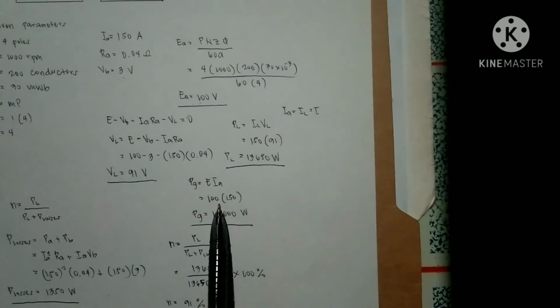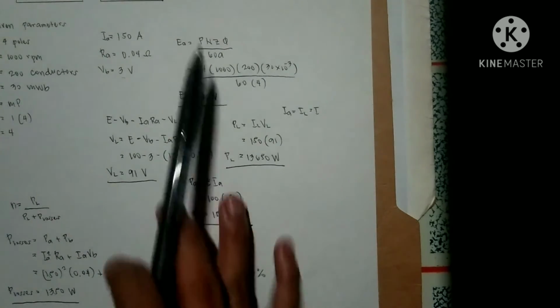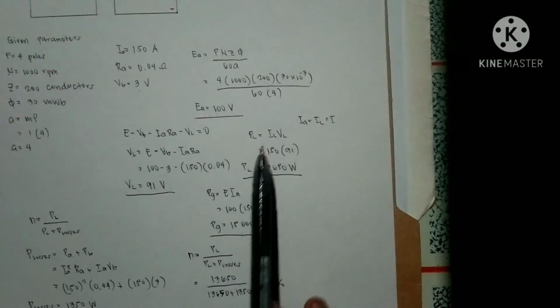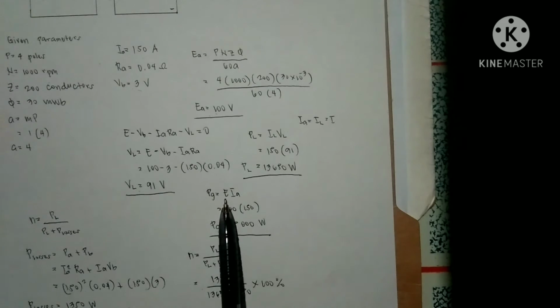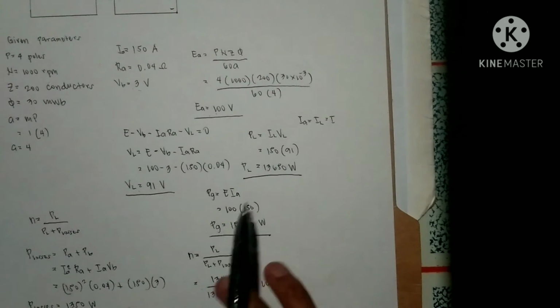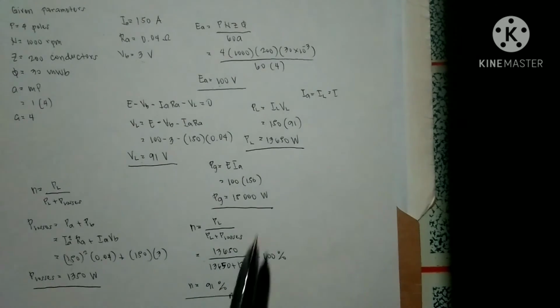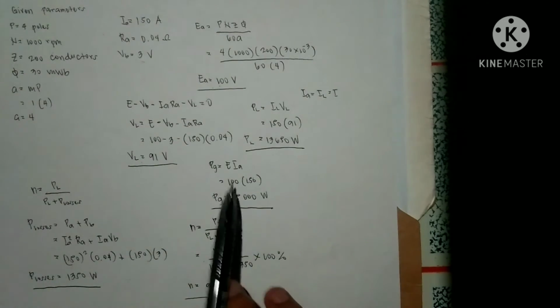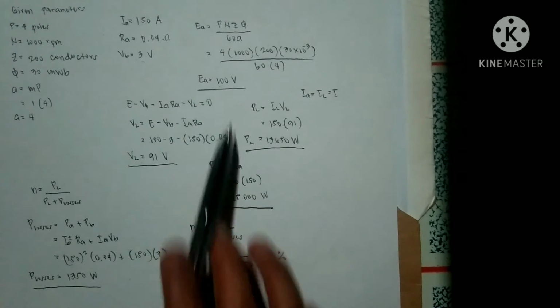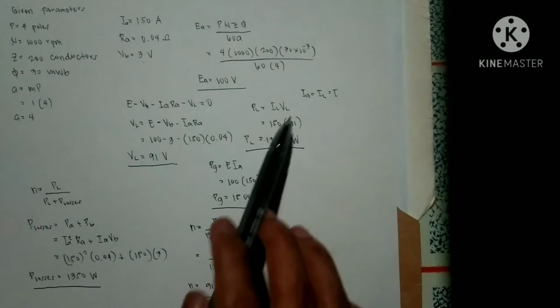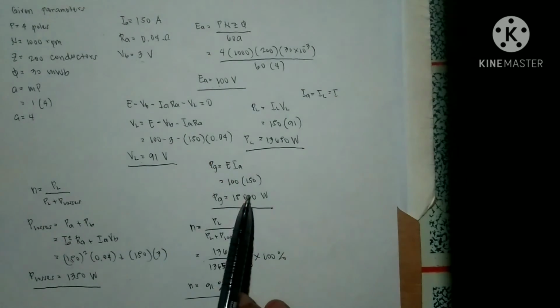Now we can also get the power generated in the armature. The formula in finding the power generated is PG equal to generated EMF times IA. So 100, because our EMF is 100, times 150, because IA is equal to 150.